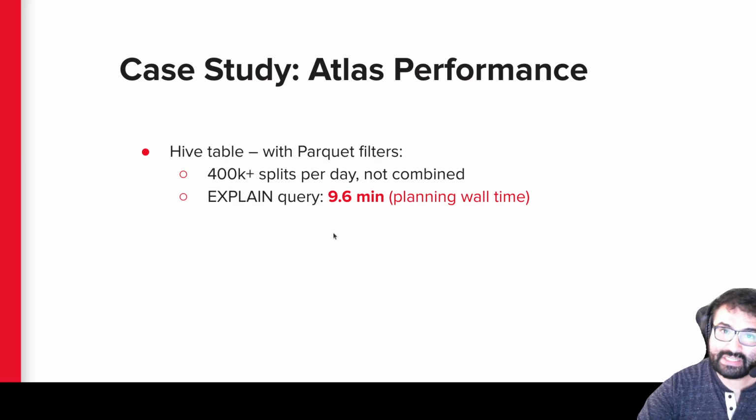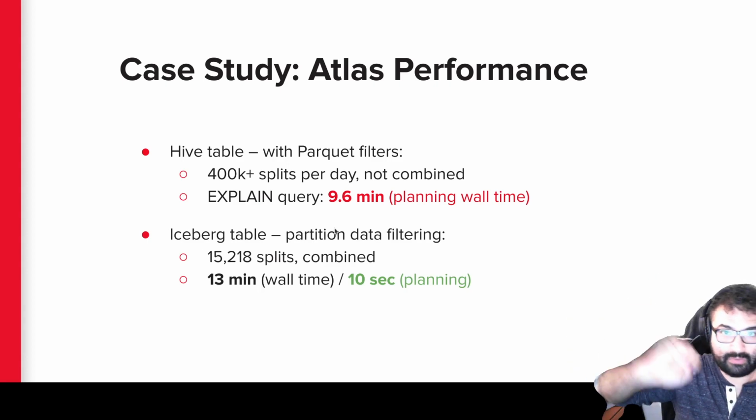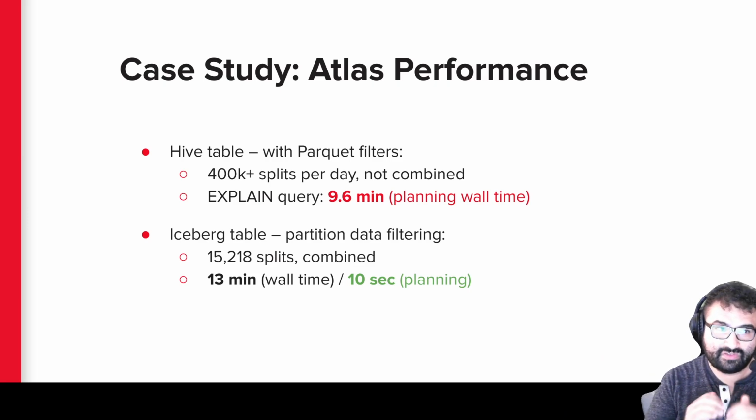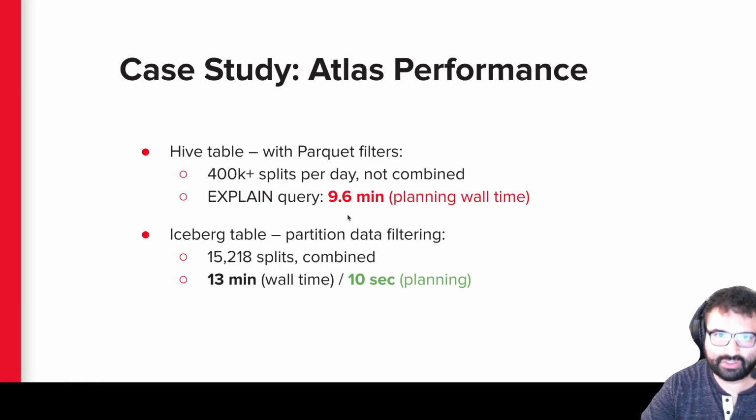Now, if we change that table over to an Iceberg table with just partition filtering, so that means we're eliminating individual manifests based on partition stats, but there's no individual file pruning because of the experiment, that planning time went from 9.6 minutes down to 10 seconds. Much faster planning, and overall you had a much faster query, because if it took 9.6 minutes to plan, it would have taken a lot longer to run the query.